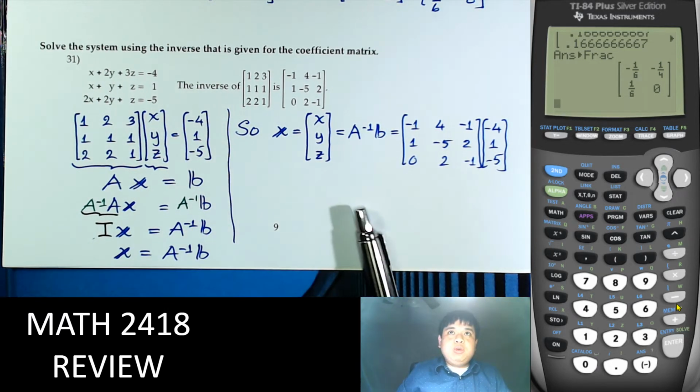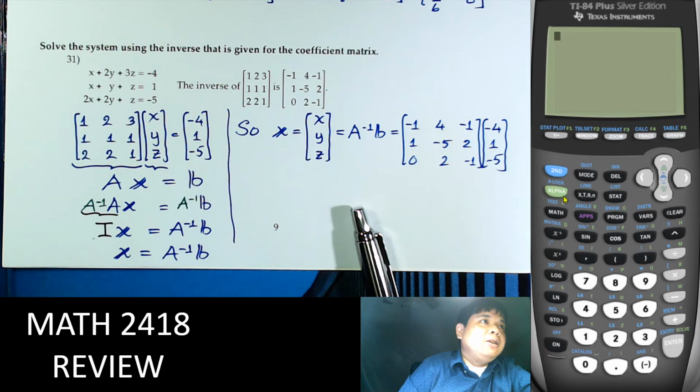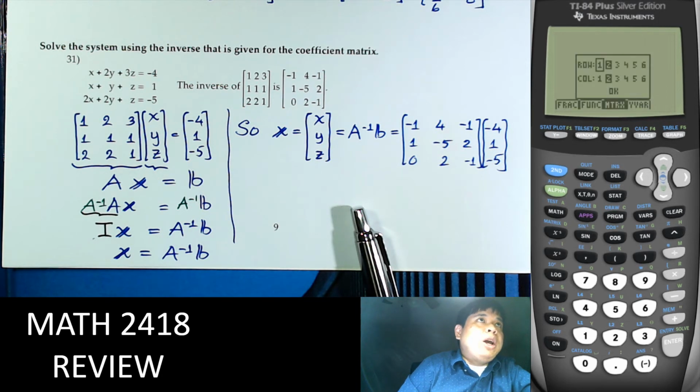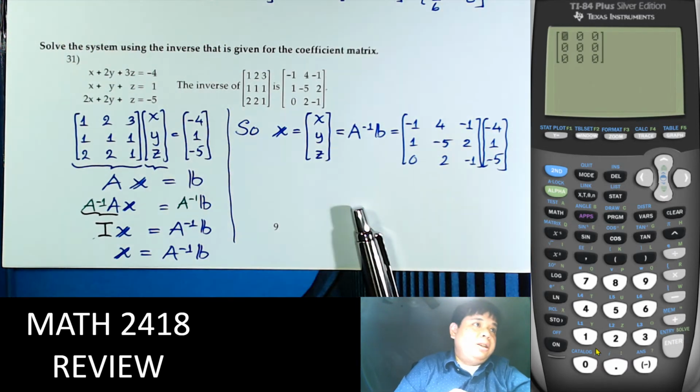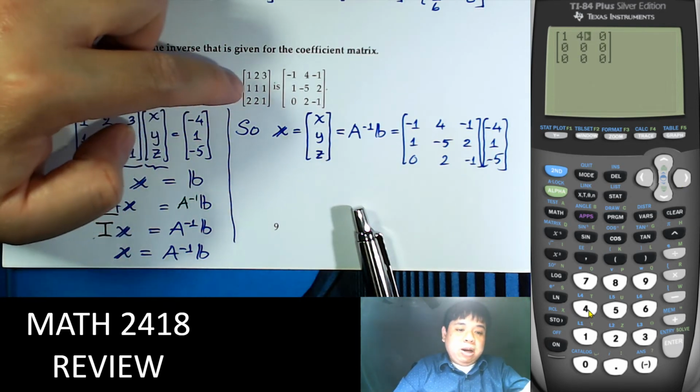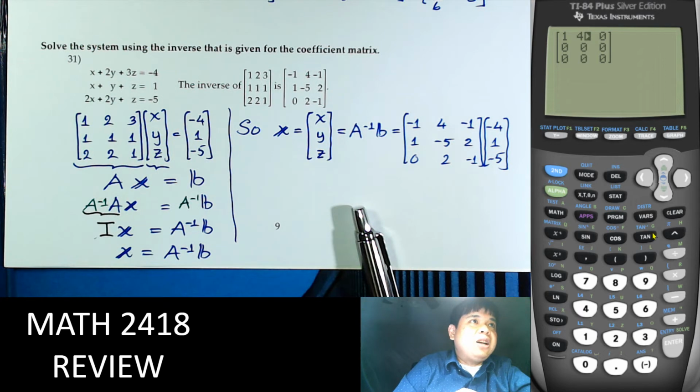Right, we just multiply. Of course, you can do it by hand, but I just use a calculator here. Of course, if we have the calculator, just do reduced row echelon form. That's the most efficient way. I'm just going to enter the inverse here, or we enter the original matrix and then hit the inverse button. That's the same way.